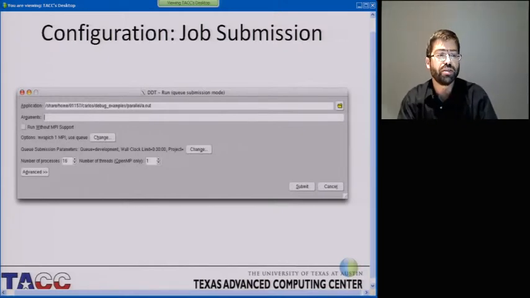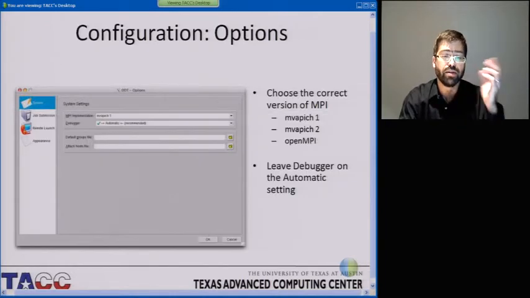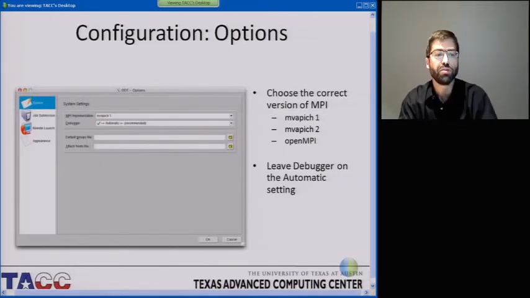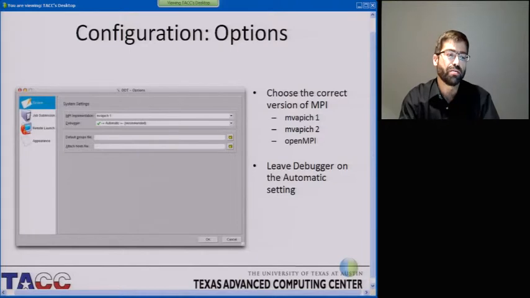The first section is the options for the type of MPI stack that you're going to be using, and which debugger you want to use, which I always leave in automatic, but you might have a reason to change that.